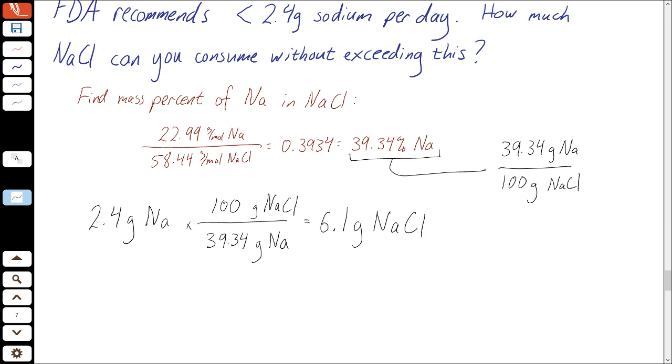And so that tells us that we can get about 6.1 grams of sodium chloride and that would be the limit of our sodium intake, so less than 6.1 grams of sodium chloride.